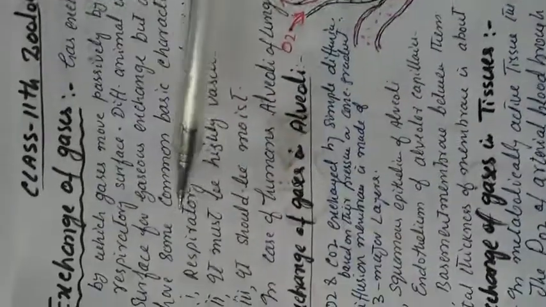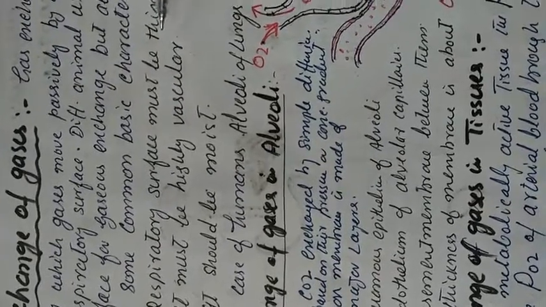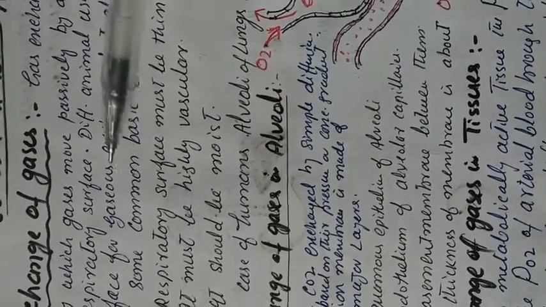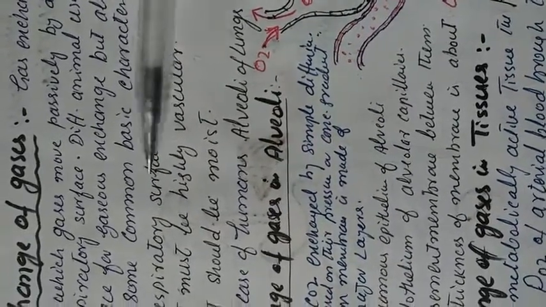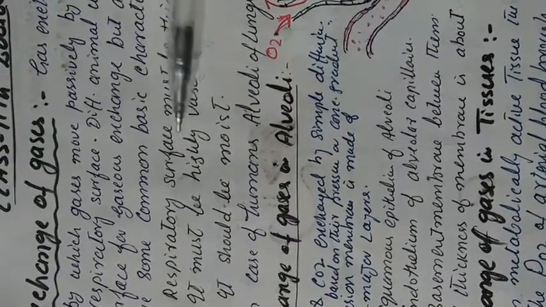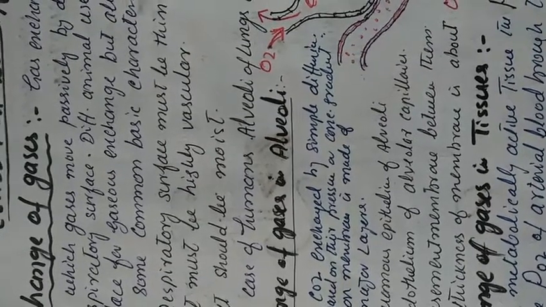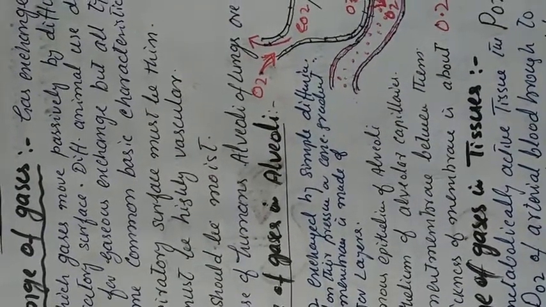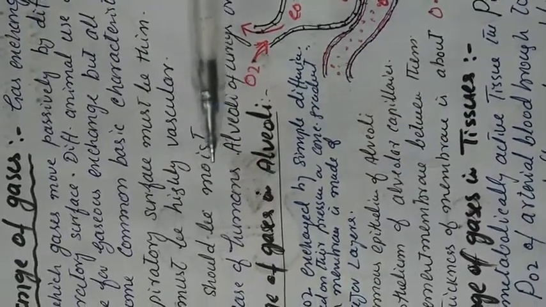For example, number one, a respiratory surface must be very thin, and secondly, it must be highly vascular, that is, it must be richly supplied with blood, and thirdly, it should be moist. And in case of humans, alveoli of the lungs are the sites of gases exchange. So first of all, we will discuss about the exchange of gases in alveoli.